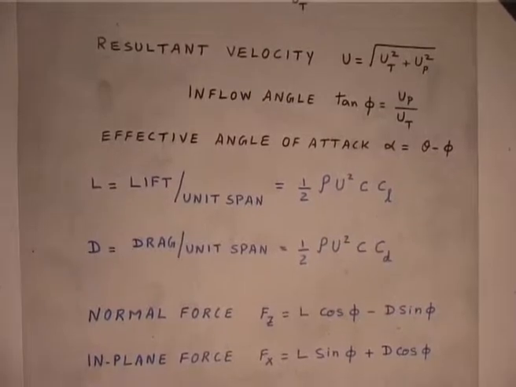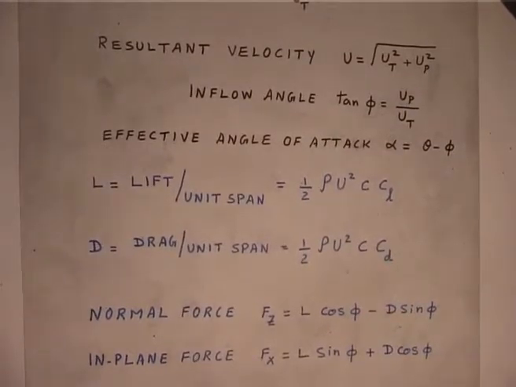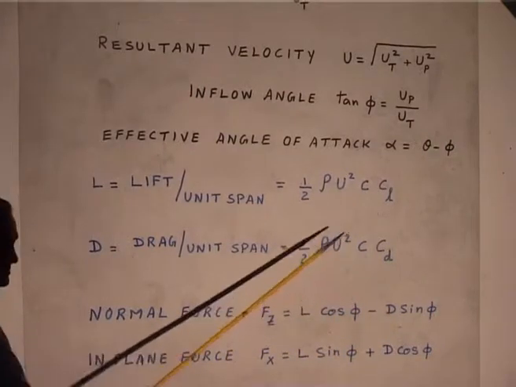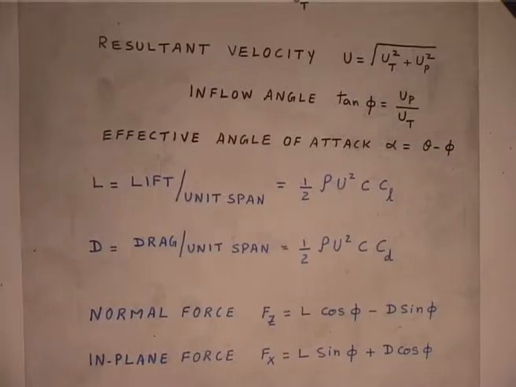Now, I make another approximation, that because my phi is small and the drag for an aerofoil is usually very small, you can take it at the most 0.01, whereas lift CL is CL alpha, that is 2 pi.